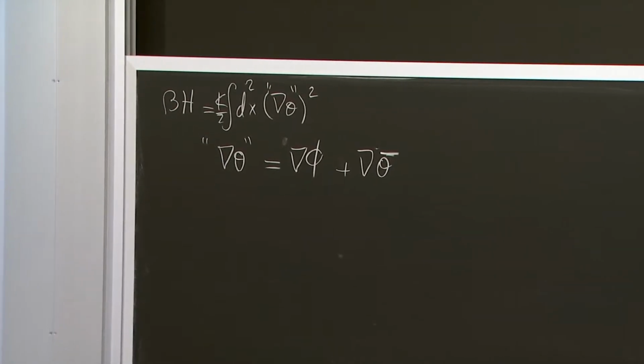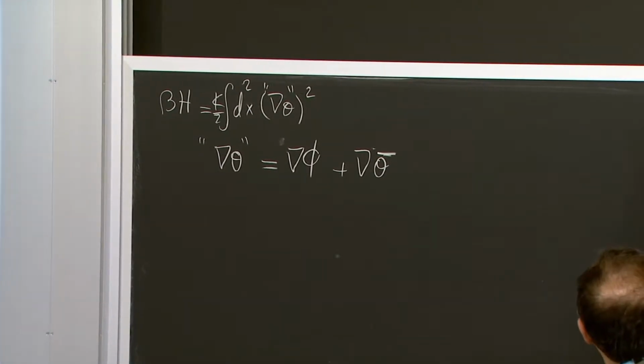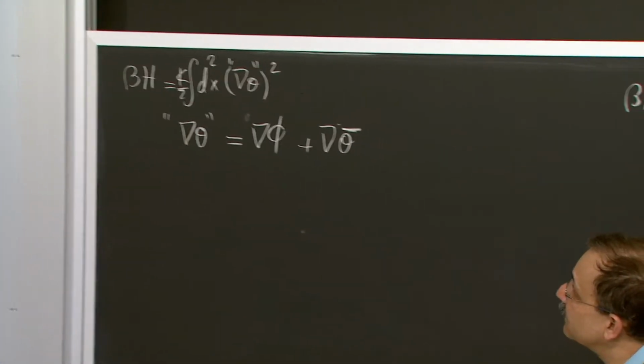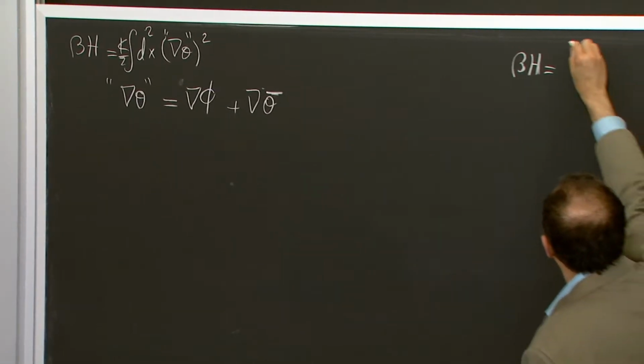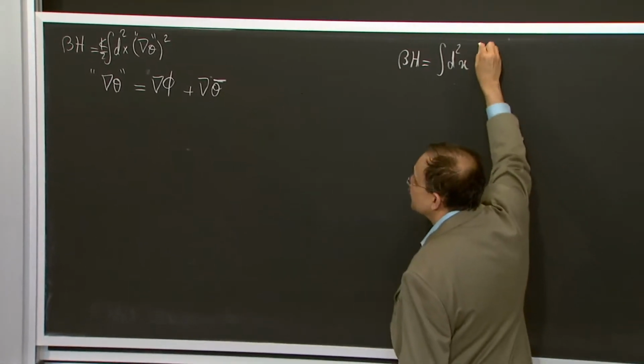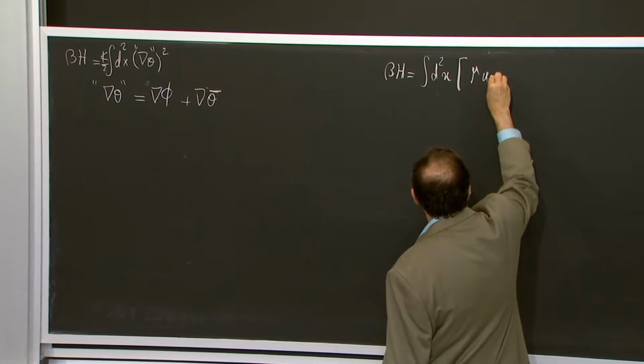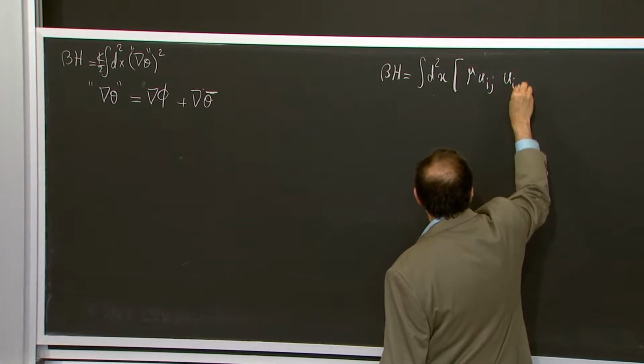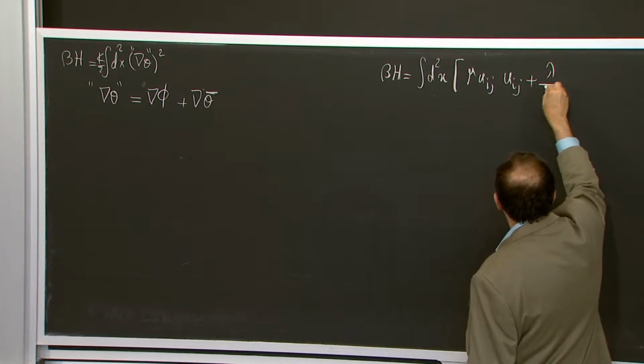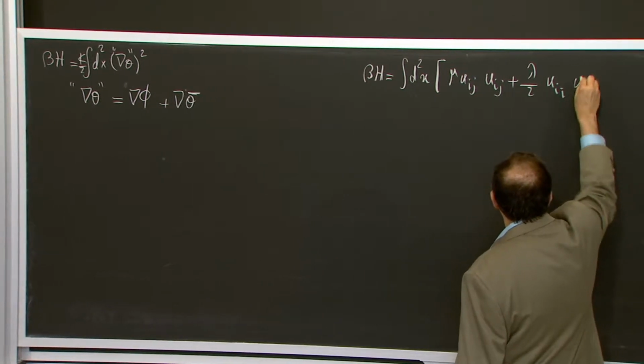Now similarly here, for the case of the solid, we have the beta h, slightly more complicated, integral d2x, mu uij uij plus lambda over 2 uii ujj.